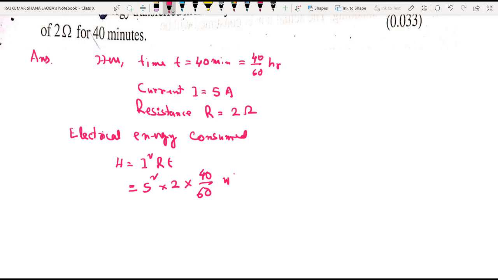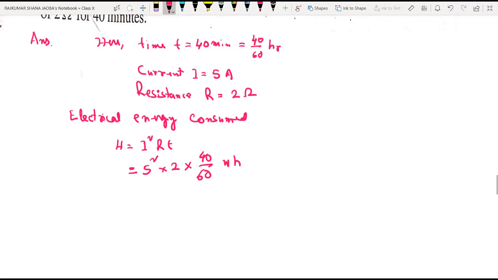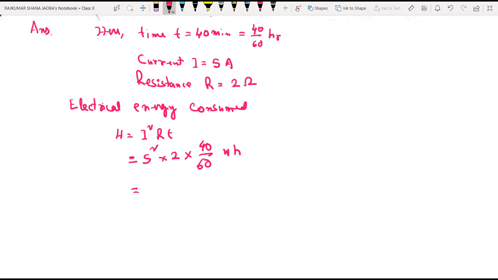So this is watt hour. So 25 into 2 into 40 divided by 60 divided by 1000 kilowatt hour. So this is 0.033 kilowatt hour.